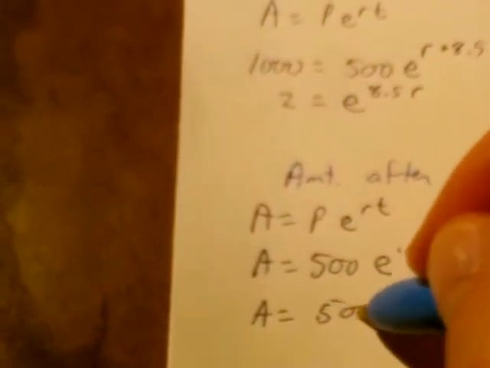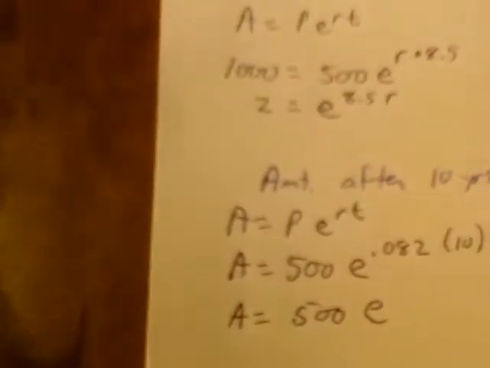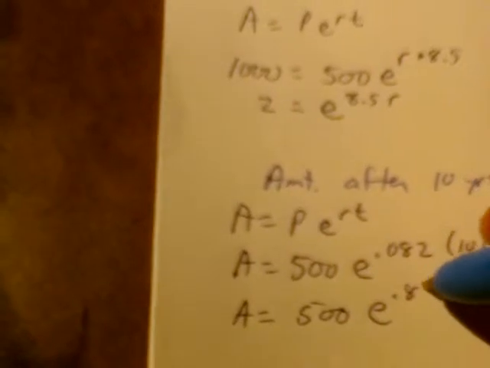So we got 10 right there. So we're going to multiply 10 by 0.082, which is 0.82. So A equals 500 e to the 0.82. So we go over to the calculator, and we do second e to the 0.82 equals 2.27.